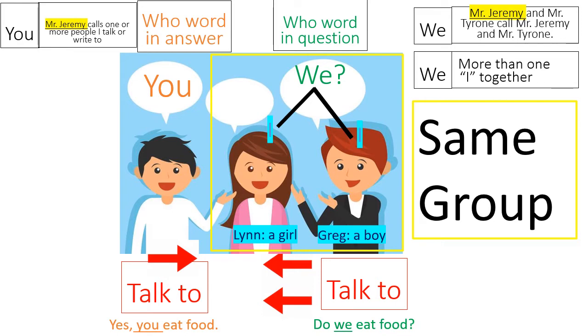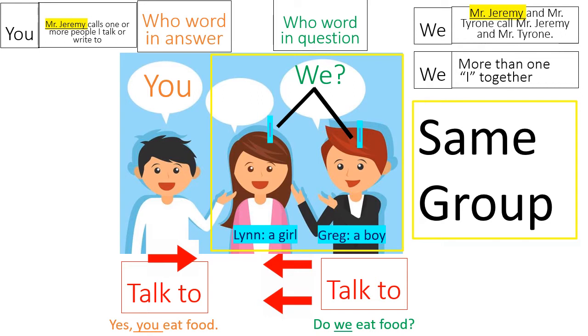Okay? When Mr. Jeremy is not with Mr. Tyrone, Mr. Jeremy calls Mr. Jeremy I, and so does Mr. Tyrone. When he's alone, he calls Mr. Tyrone I. Okay, but when you put I and I together and they're part of the same group, we call that we.